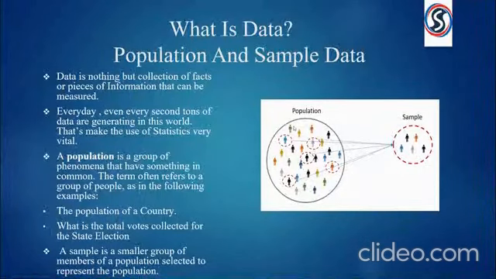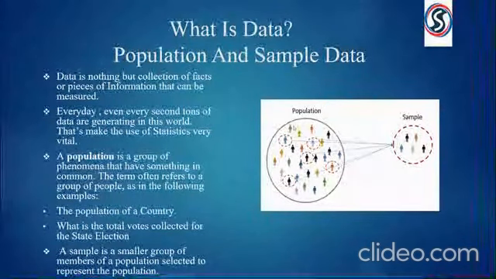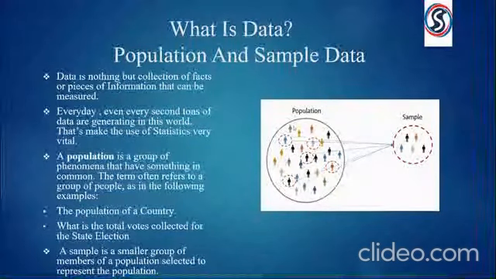Now, when the whole population of that state is taken into consideration, suppose the number of reporters is around 10, 11, or 12. Is it possible for those 12 reporters to go and ask each and every person present in the state?